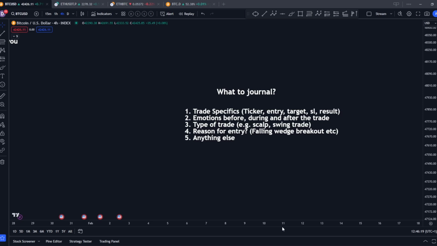But having this noted down and eventually having a big sample size of all the things you're doing can be very educational, especially when you go back to study the trades, which is of course the last thing you should be doing. Once you have all this info on your own trades, going back and looking at it is the main thing you're gonna learn from, and this can really speed up your progress while trading.